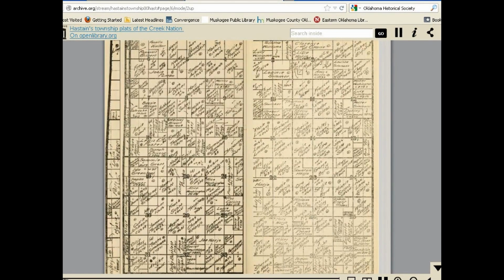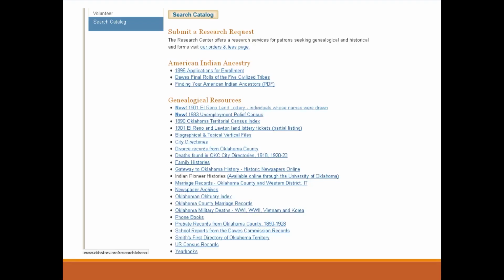So this is just turning pages. In fact, you can see the preceding page over here at the edge. And every time I look at the index to the Oklahoma Historical Society Research Library, I find something new, and I think, oh, I need to look at this.